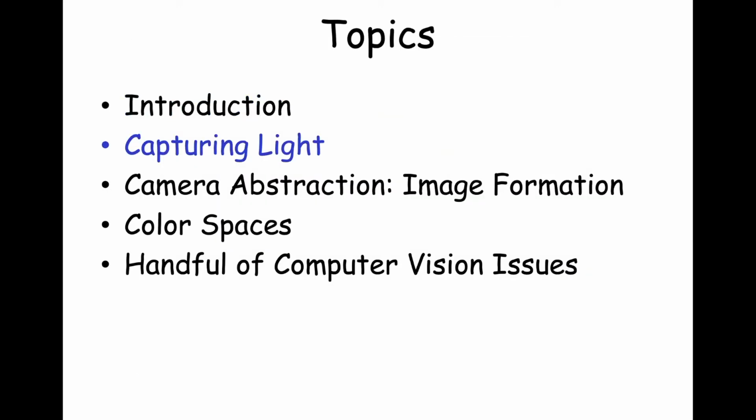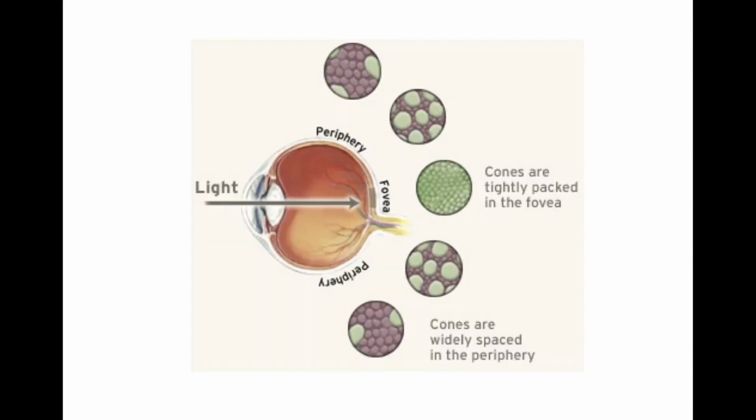So let's take a look how this light is captured that enables vision. And this is a cutaway view of the human eye. Light enters in through the lens and goes in through the pupil, and it comes to rest. It strikes the back wall inside the eye organ, and it's coated with cells, rods and cones.